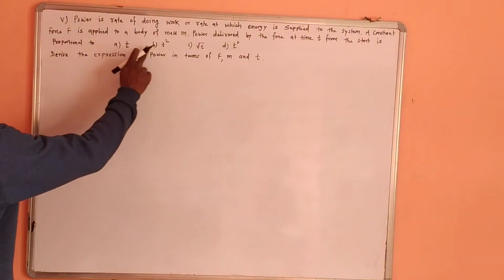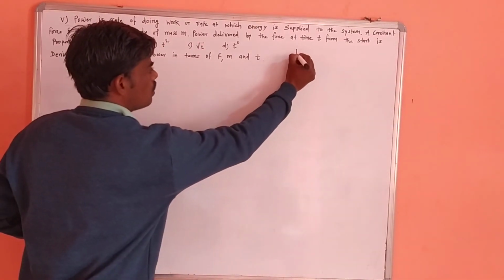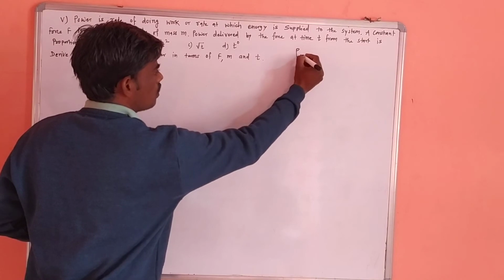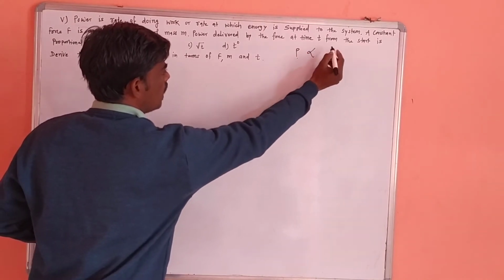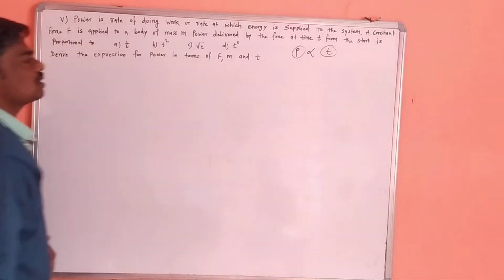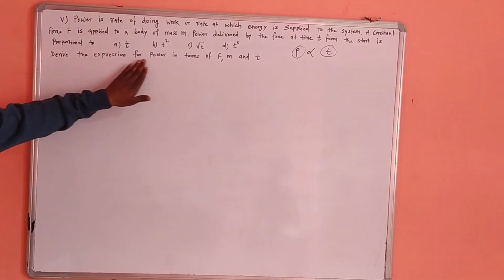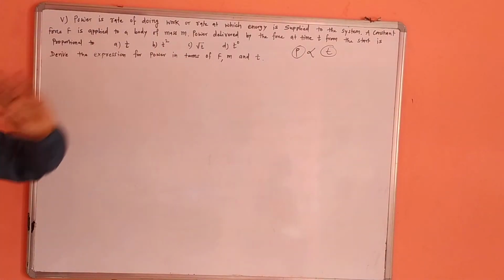These are 4 options that are given to you. We have to find out the proportionality relation between power and time here. So in what way these 2 parameters are related with each other, that we have to find out. Or simply we can say derive the expression for power in terms of F, m, t.